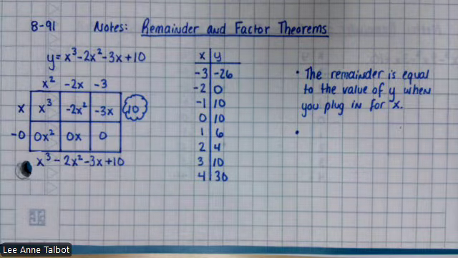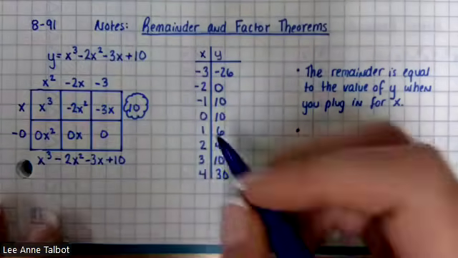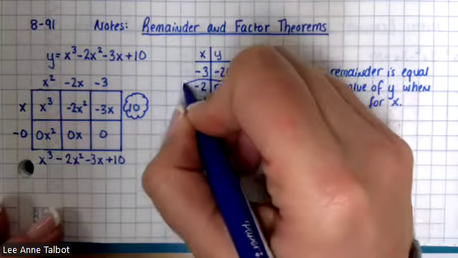If you love polynomial division, you could do this instead of plugging in. I don't know about that. Okay, now there's a special piece of the remainder theorem called the factor theorem, which talks about this guy.